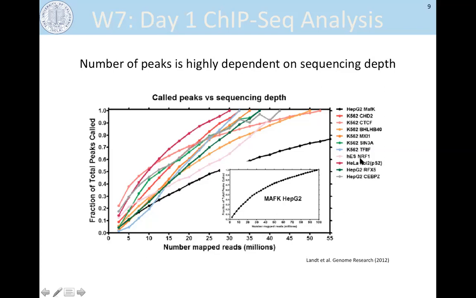That's why the number of peaks is not really biologically relevant. It's more based on a technical parameter: sequencing depth. So it's not really valid to say that this factor binds the genome in this many locations, because it really depends on how much sequencing you perform.